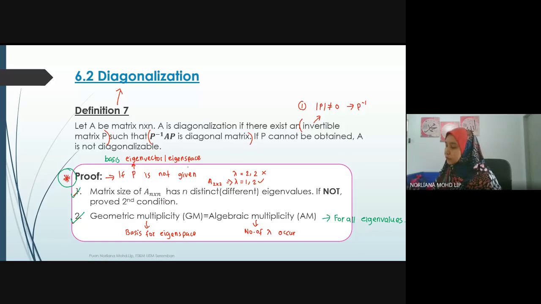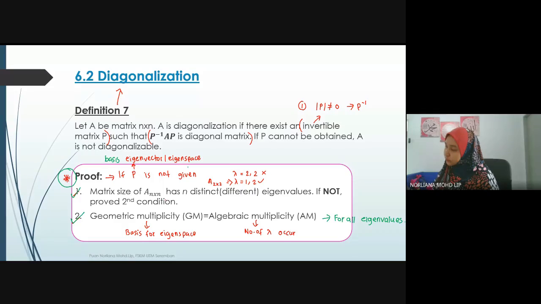Textbook awak pun ada. Textbook dia banyak suruh proof lah. Ni example 6, 7. Example 7 tu, cuba buat juga suruh proof lah ni.